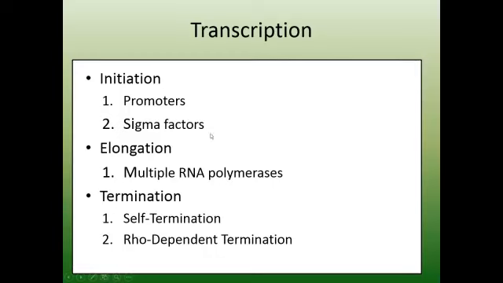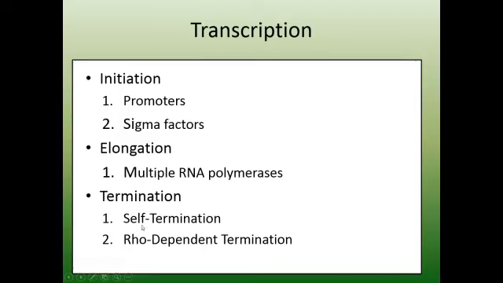Sigma factors are incorporated into the RNA polymerase and tell the RNA polymerase which promoters to grab a hold of and how hard. Elongation is the process of lengthening the mRNA or rRNA or tRNA strand, and we have multiple RNA polymerases that are involved in that.